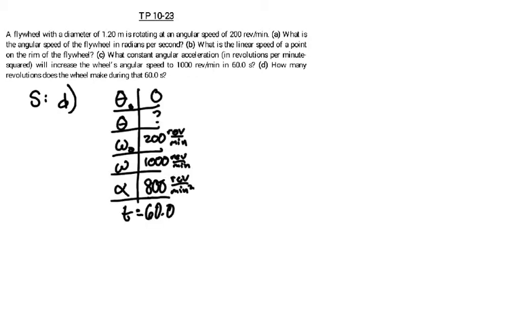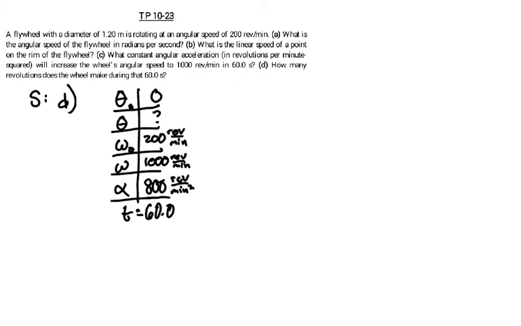All right, lastly, part D. Well, hopefully my movie within a movie didn't break your computer or break anything else. But as we sit, part D: how many revolutions does the wheel make during those 60 seconds of angular acceleration? Well, we can go back to our kinematics table, and we can now use the information we got from part C, which was finding this angular acceleration, and try to drive out how many rotations occurred.